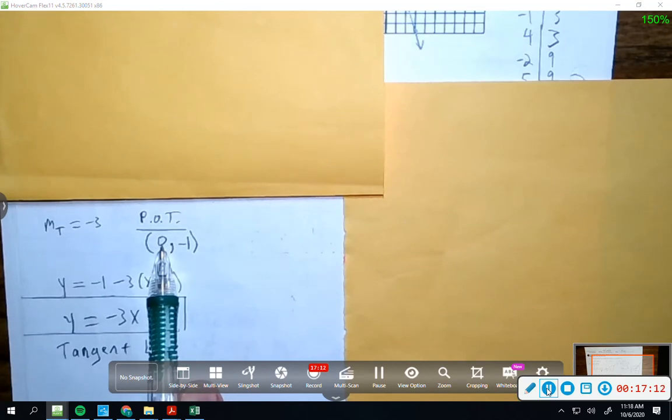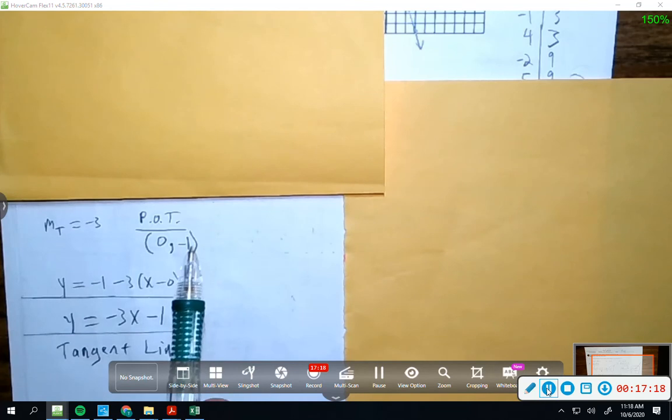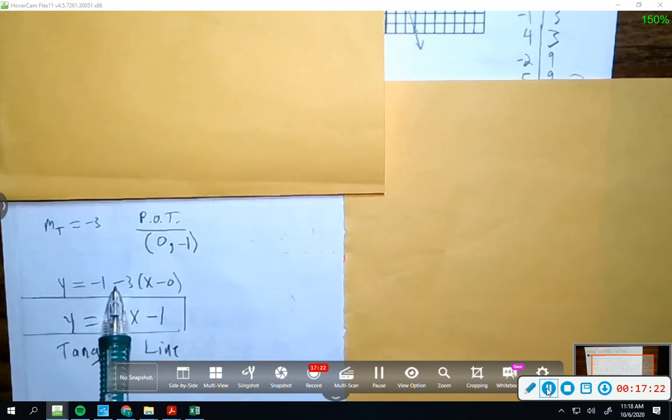If you plug 0 into that function up at the very top, you get 0, 0, negative 1. That's why the output's negative 1. Here is linearization form. Y-coordinate plus the slope. Anytime the slope's negative, you might as well just say minus that. Okay? Times x minus 0. You don't even have to put x minus 0. Just the x is fine.